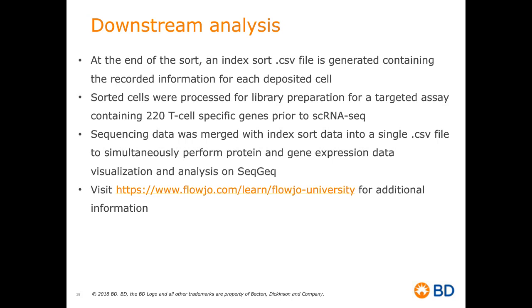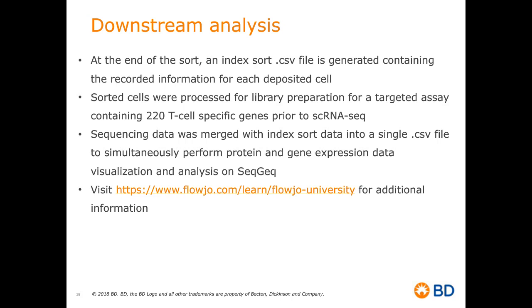And what we're going to do is merge the index sort file that contains the information of the protein with the sequencing file that contains the information of the genes to create just one combined matrix that we can now upload in SeqGeq software. And we can have now in a single file all the information that we need to perform simultaneously protein and gene expression analysis.